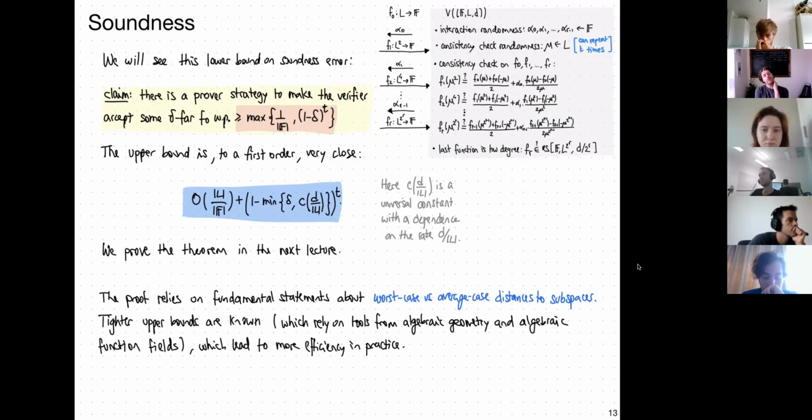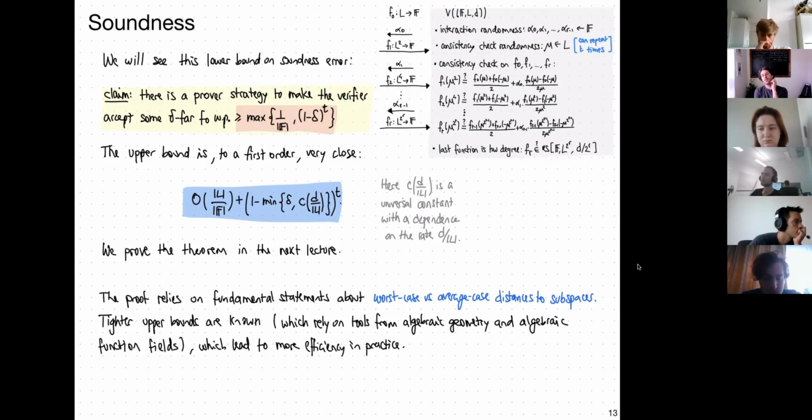And also I'd like to mention that when trying to improve on the soundness, there are actually better bounds, and they use quite beautiful deep mathematical tools, many of them coming from algebraic geometry and algebraic function fields.